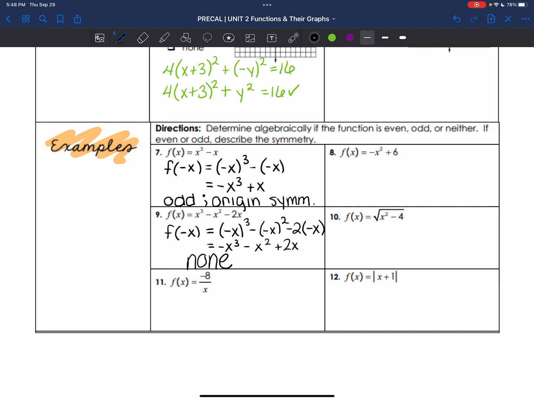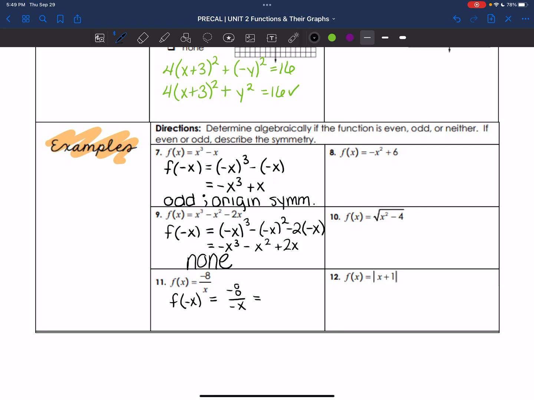Lastly, will you guys try problem 11? Problem 11. What kind of symmetry do you see there? Or is there none at all? All right, well, when we take our function at the opposite of x, that's negative 8 over the opposite of x.